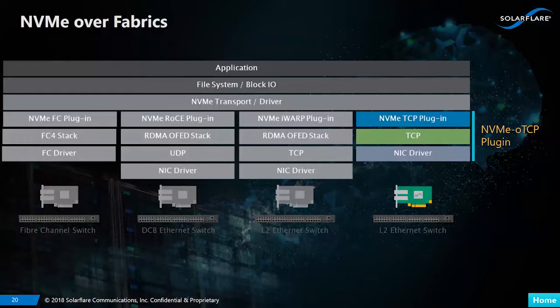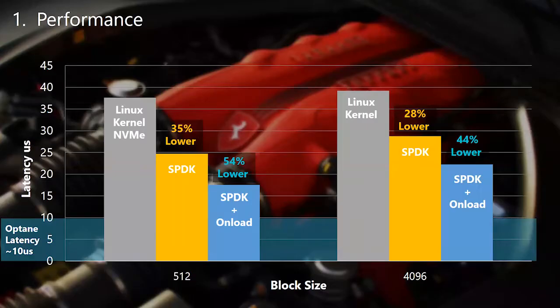Next slide, please. So here we're taking our kernel bypass technology, and we set up some Intel Optane storage devices. These are the super high performance storage devices from Intel, and we ran them with the Linux kernel NVMe-oF over TCP.